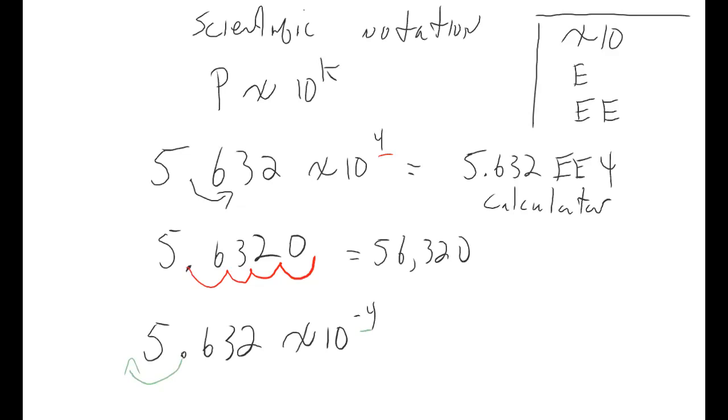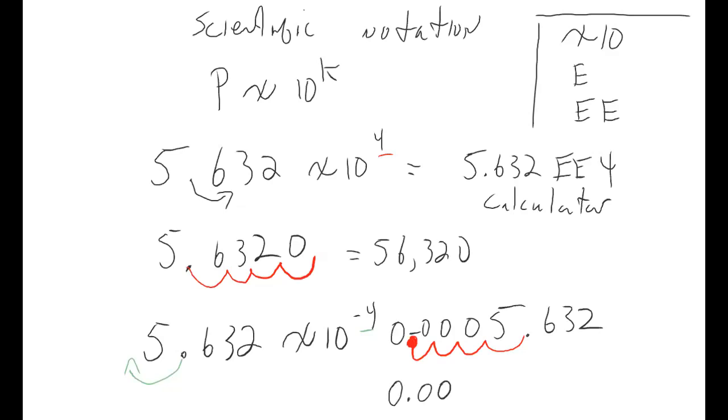So I rewrite this as 5.632, and I am going to go 4 to the left. 1, 2, 3, 4. Put a big decimal, and then fill in the spaces with zeros. So my answer is 0.0005632.